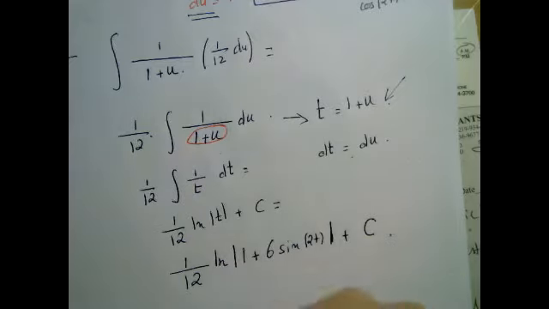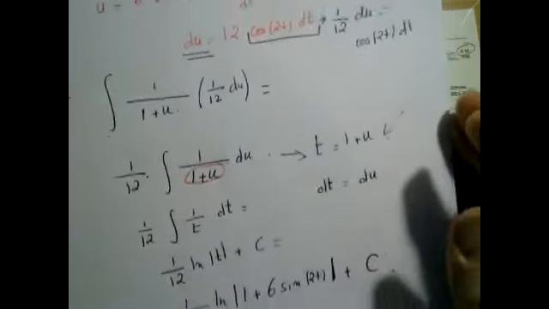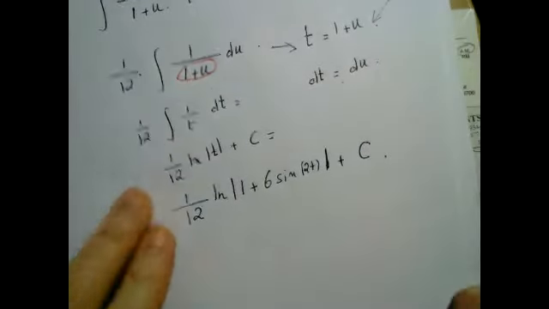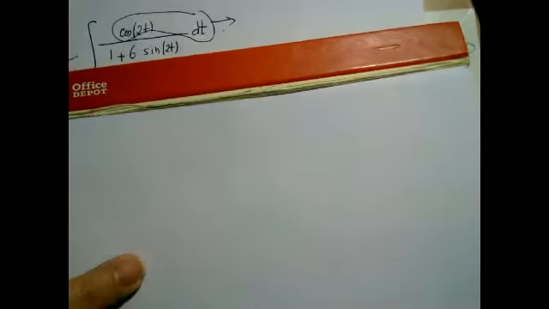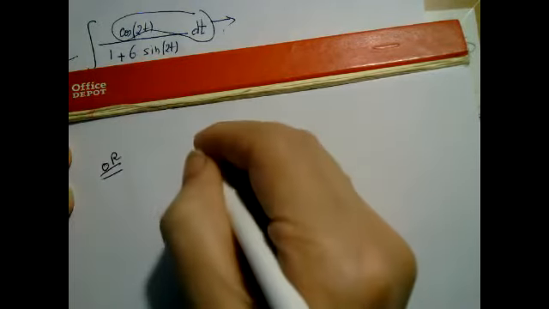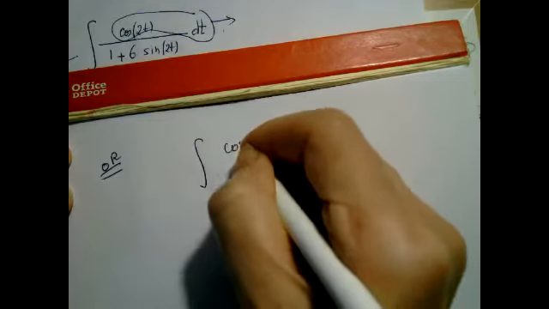Now, another way to do this problem, to avoid doing two substitutions, another way to do it is from the beginning to put 1 plus the sum. And this would save us a little bit of work. So I will do it on another piece of paper.